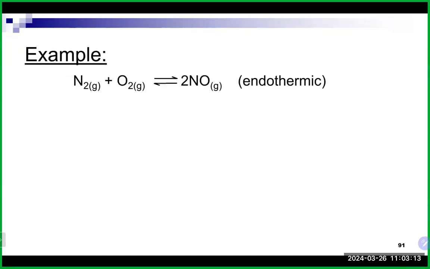All right, we'll take a look at the last one. I think you got that, it was the same one. Take a look at that one here. And there should be a 2 there, just in case there's not. Let's go with, we're going to increase the temperature. We're going to add O2.